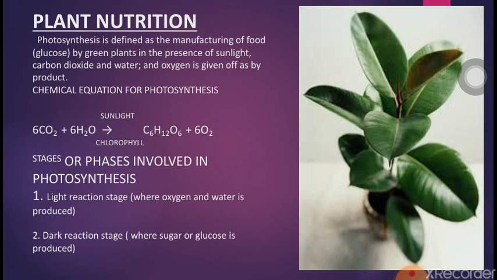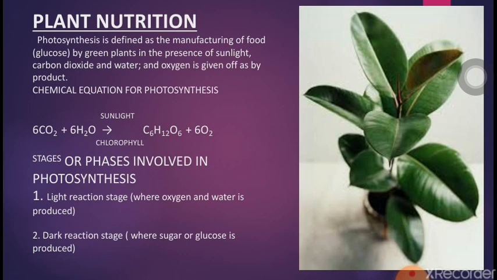Then during the dark reaction stage, carbon dioxide reacts with the hydrogen ion to produce glucose and water. So glucose is produced during the dark reaction stage. Oxygen and water are produced during the light reaction stage.